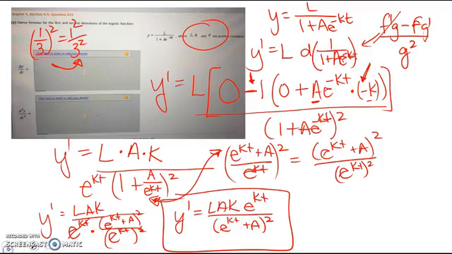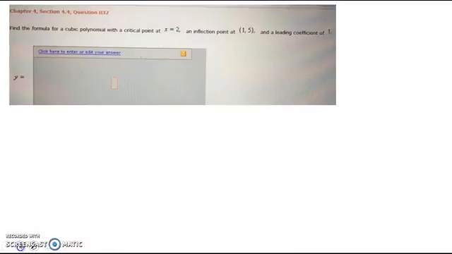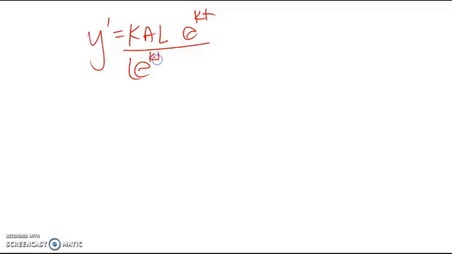I really have to get to the second derivative, so I'm going to come way back here and find us an empty slot. My first derivative was y prime equals KAL e to the kt over e to the kt plus A, squared. Now let's find the second derivative. Again, I will use the quotient rule.